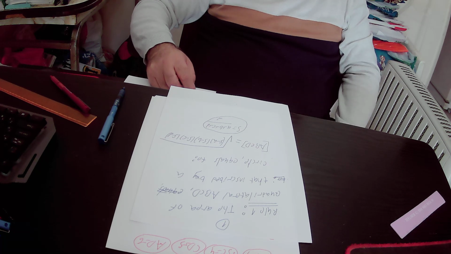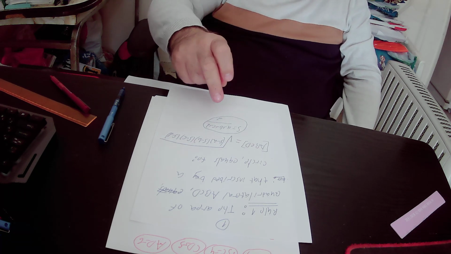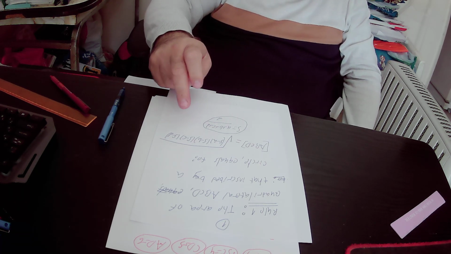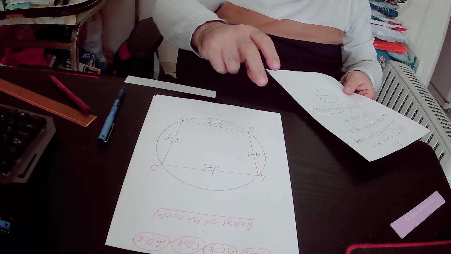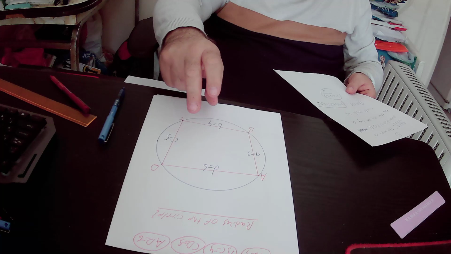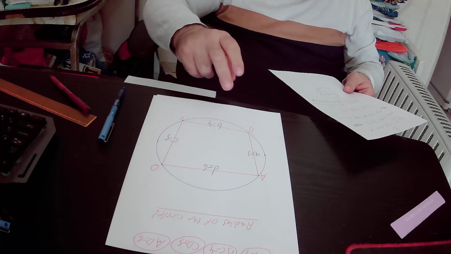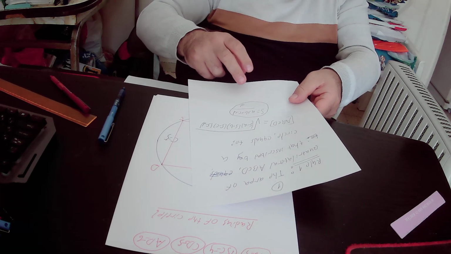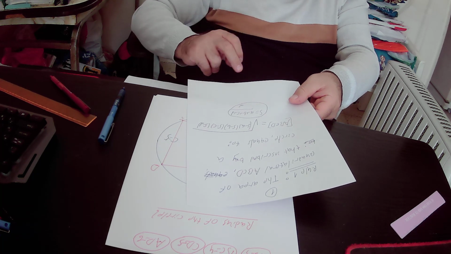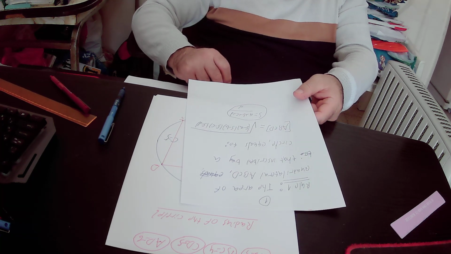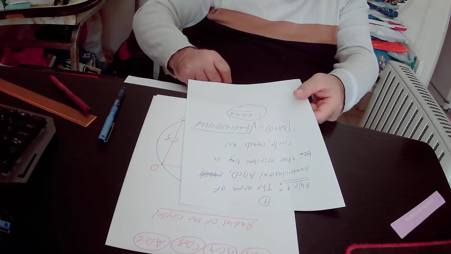The area of that quadrilateral will be equal to the root of S minus A times S minus B times S minus C times S minus D, when A, B, C, and D are the lengths of the quadrilateral sides, and S equals the sum of the quadrilateral sides over 2. Okay, that is rule number 1.